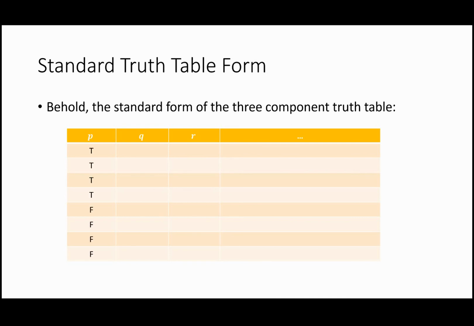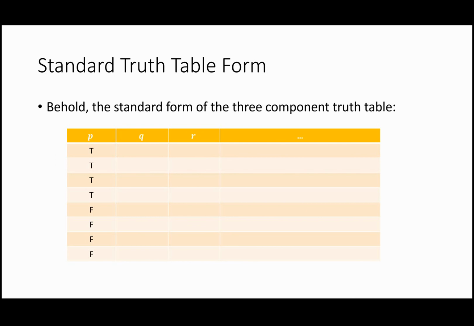Well, that first column, whatever the letter is associated with that, it's going to be the first letter in the alphabet among the 3 that are in the compound statement. In this case, it's P. The first column is going to be all T's on top, all F's down below. So T, T, T, T, F, F, F, F, if you're reading it from top to bottom, okay?